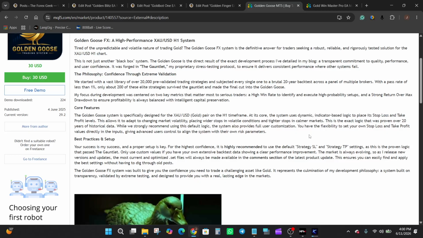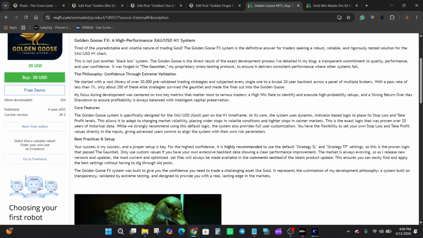So instead of using fixed static levels in all market conditions, the system adjusts its SL and TP depending on volatility. In more volatile conditions, it tends to widen its protection and targets, and in calmer conditions, it tightens them. This kind of adaptive behavior is generally aimed at helping the system respond more naturally to changing gold market conditions, which are known to be quite aggressive and unpredictable at times.